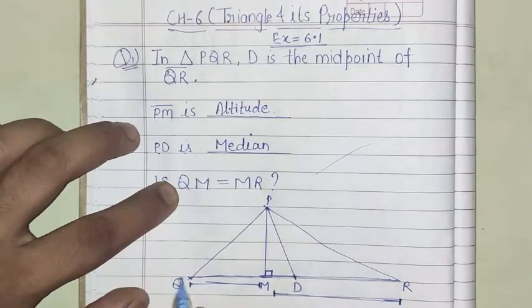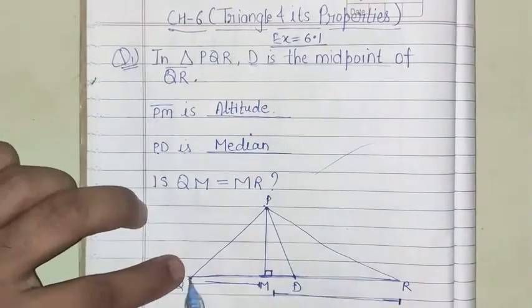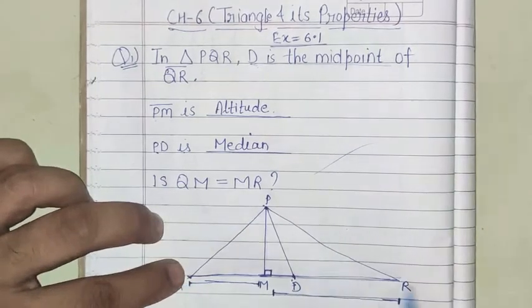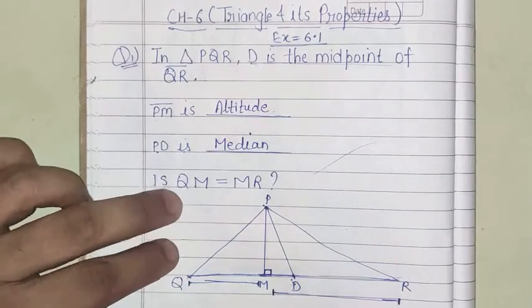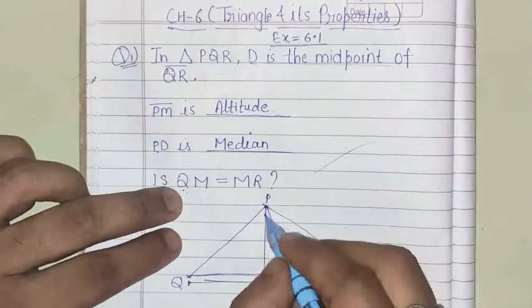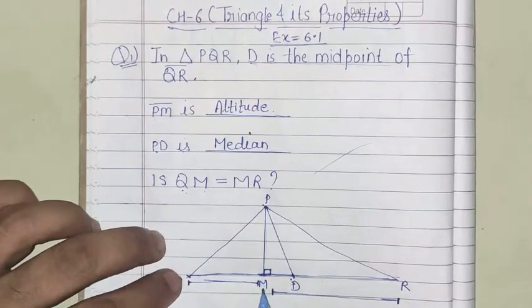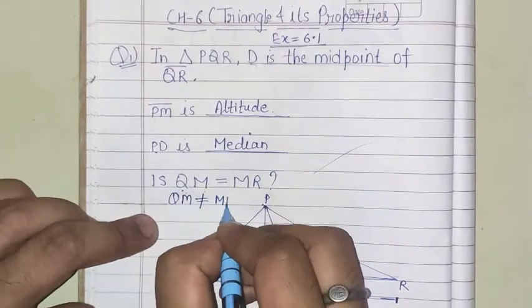Not possible, because we already know D is the midpoint of QR, and the midpoint divides this line segment into two equal parts, QD equal to DR. So it is not possible that QM is equal to MR, because PM is an altitude and M is not a midpoint, so it is not dividing this line segment into two equal parts. So we can write QM is not equal to MR.